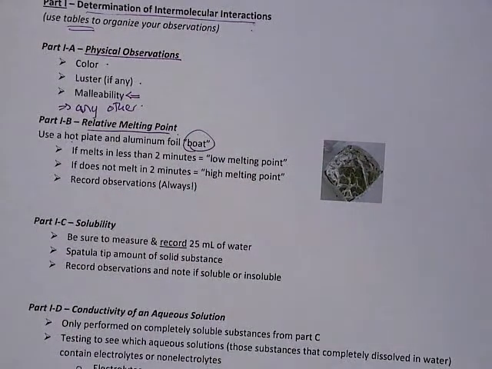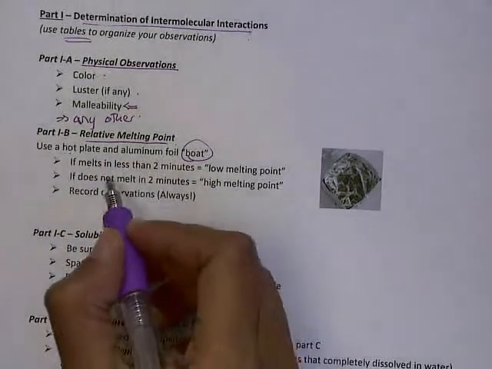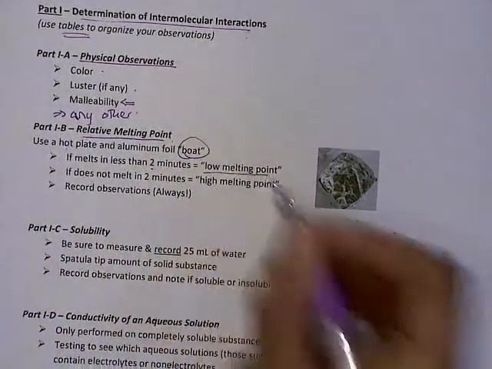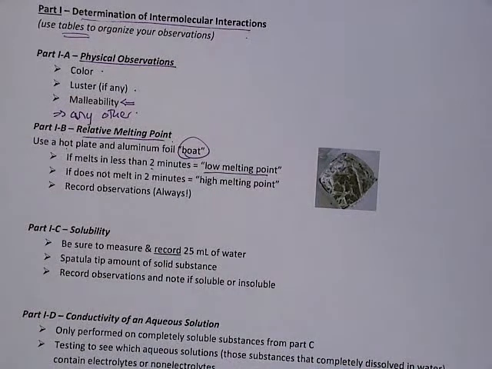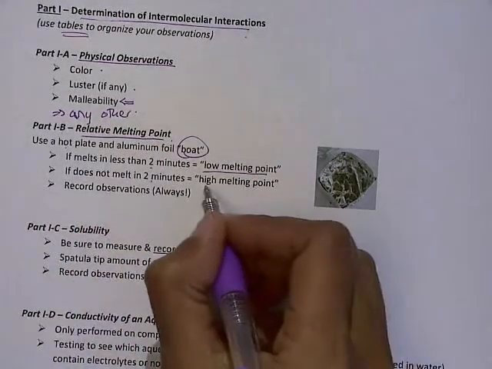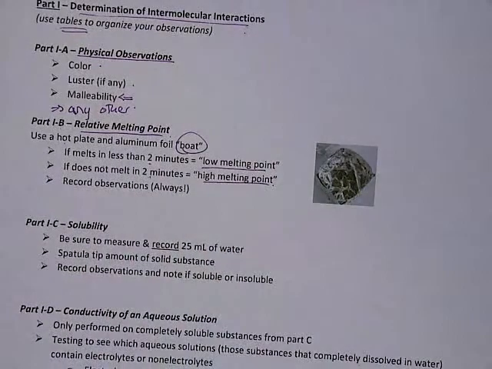Have your lab instructor or TA help you with this. And you're going to put a little tiny spatula scoop of your compound in your boat. If it melts in less than 2 minutes, we're going to describe this as low melting point. So again, we're not looking for exact numbers, we're looking for low or high. If it doesn't melt within 2 minutes, we're going to attribute it to a high melting point.